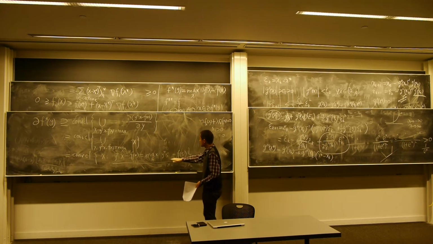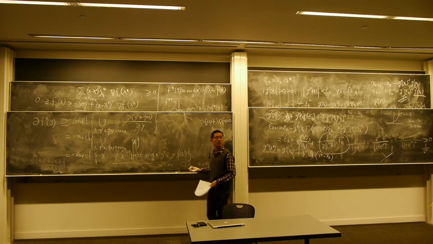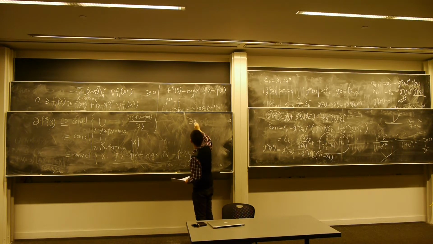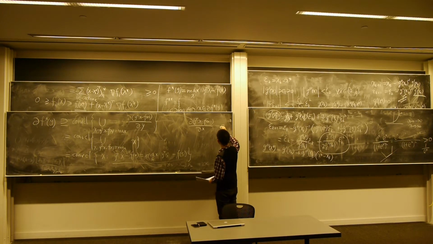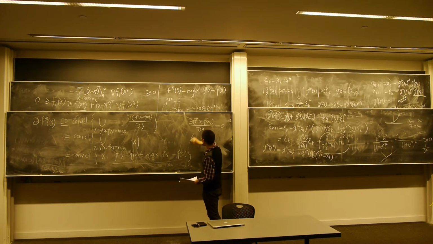How do we find that? We take a derivative. Whatever maximizes this has to make the derivative with respect to x equal 0, if x lies in this set.